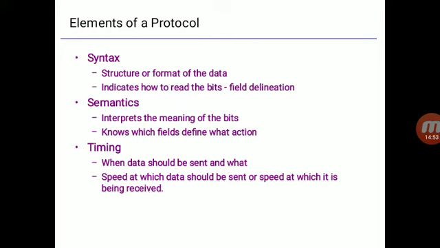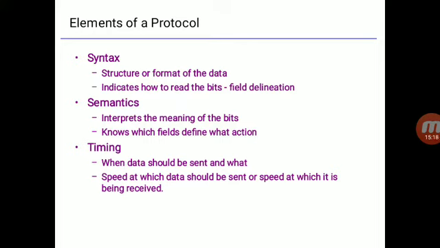Then semantics interprets the meaning of bits. The way we communicate with each other, the way we put the question marks, we can understand the meaning of that. So when we put the words in our own language, we can understand because we have that knowledge of semantics.